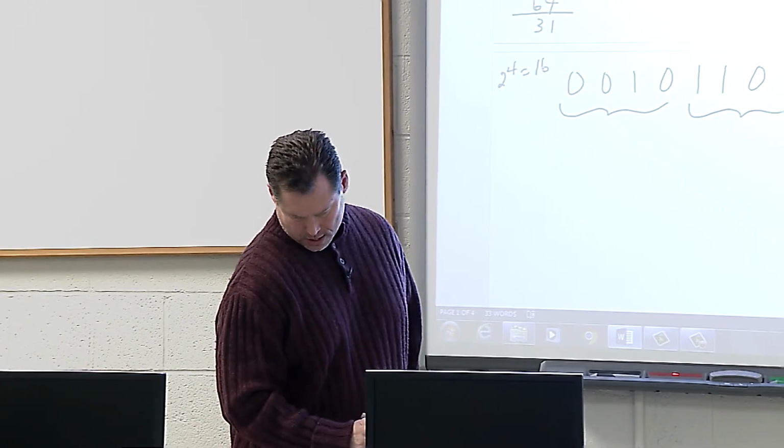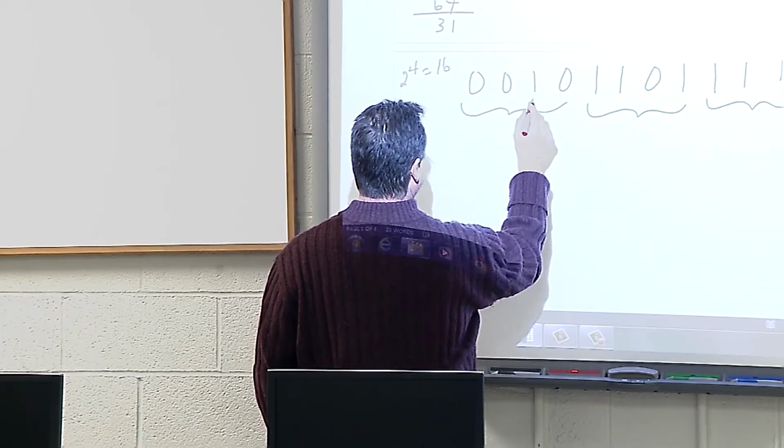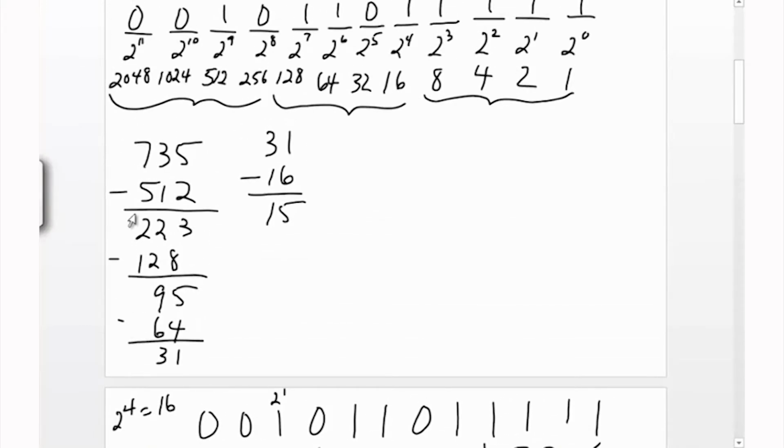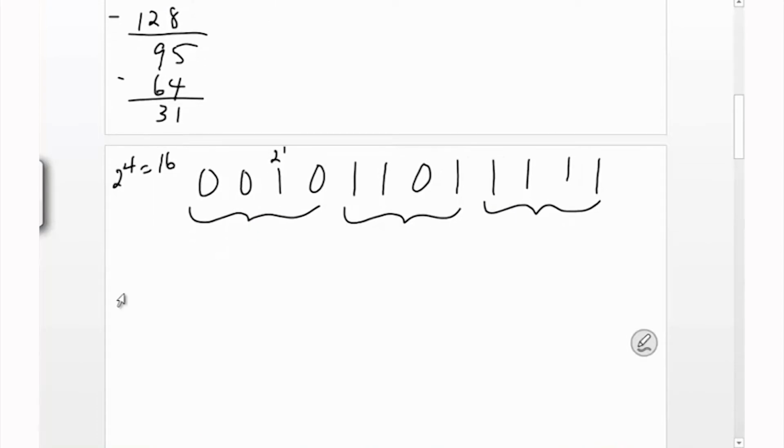What we realize here in that case is that this bit is turned on, and that is 2 to the 1. If we look back at our values, we see how that comes out. 2 to the 1 is simply going to be 2. So that value is 2.